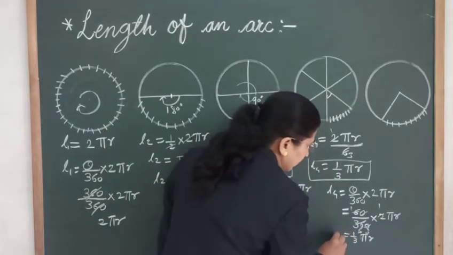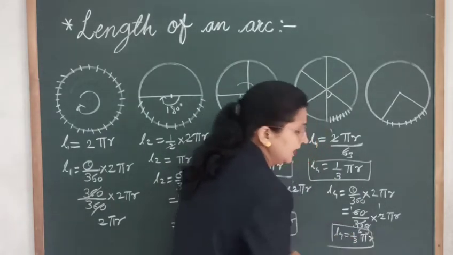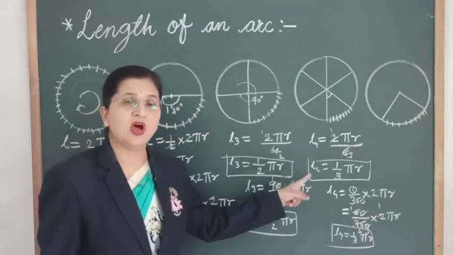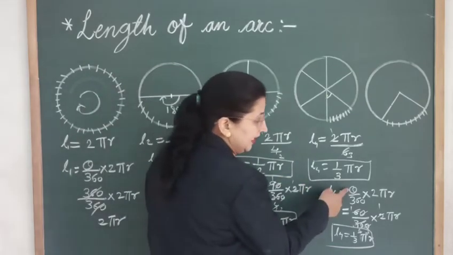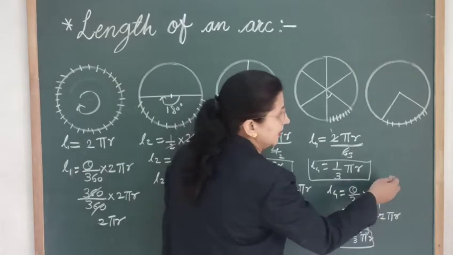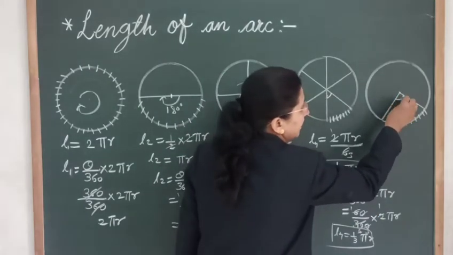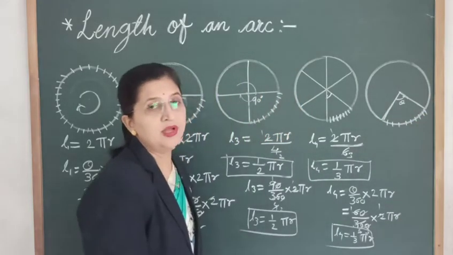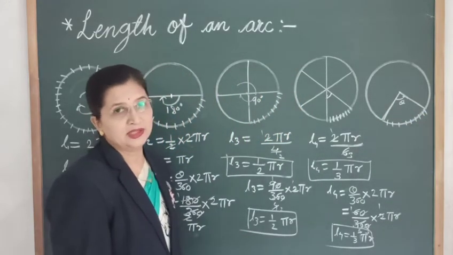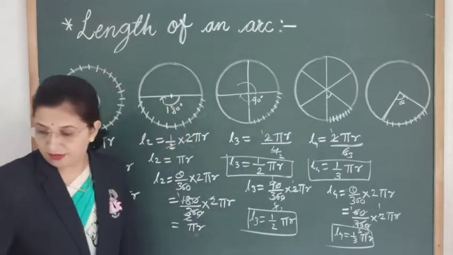Right? So in this way, to get the length of any arc, if we know the theta and the radius of the circle, then we can find out the length of arc by using the formula.